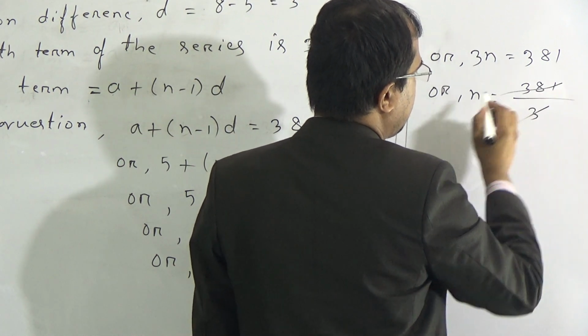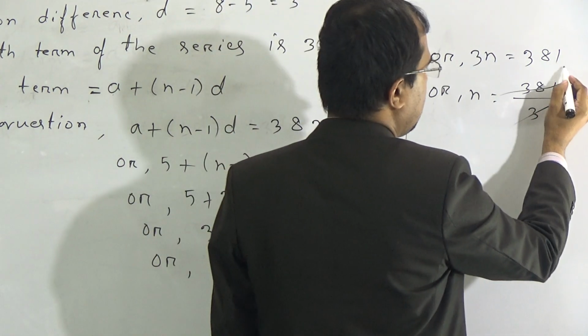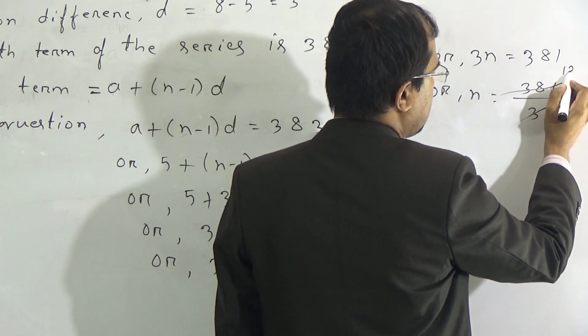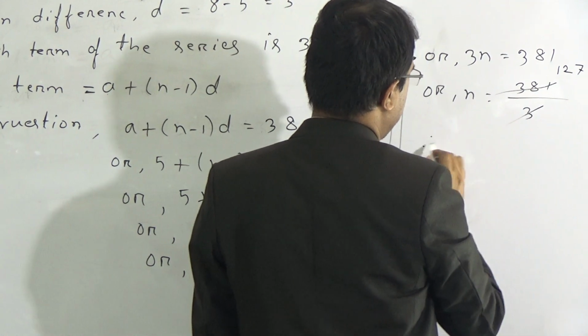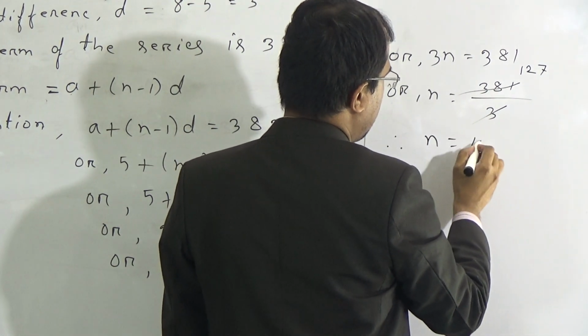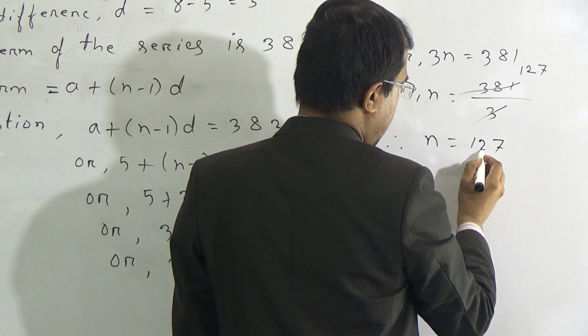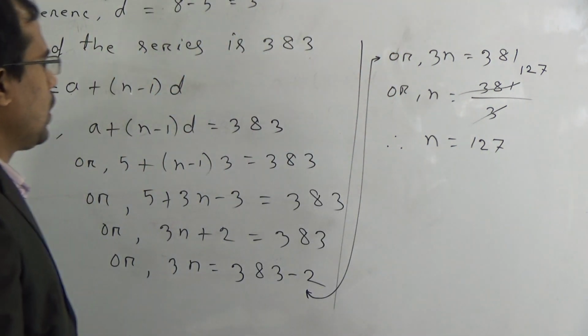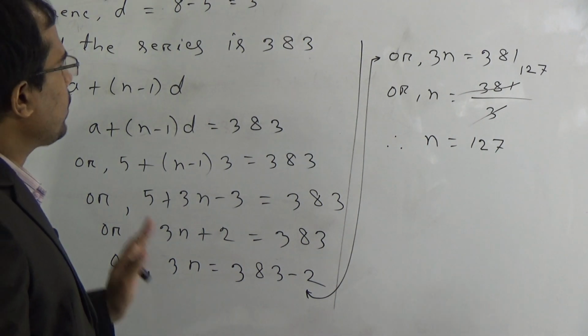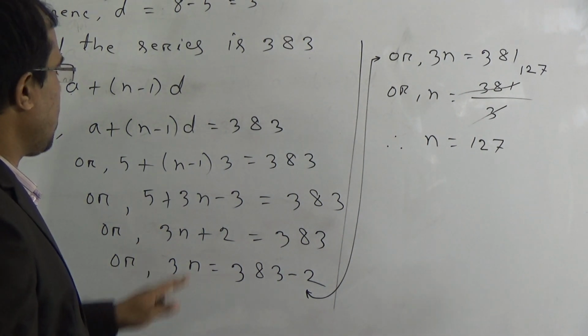Now we will divide 381 by 3. 3 ones are 3, 3 twos are 6, 3 sevens are 21. Okay, therefore n equal to 127. That means nth term means 127th term. That means the 127th term of the series is 383.